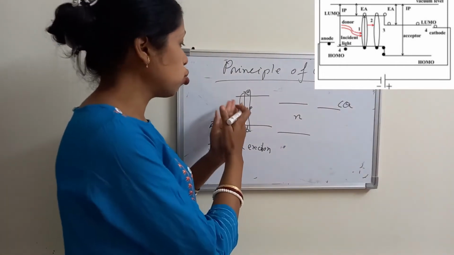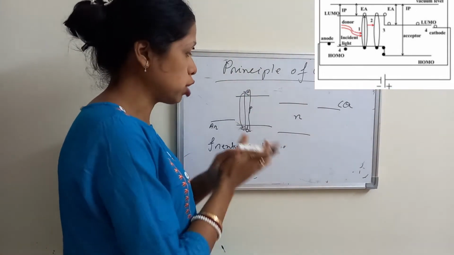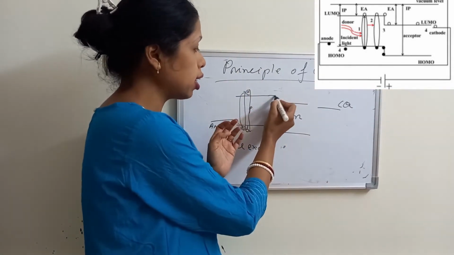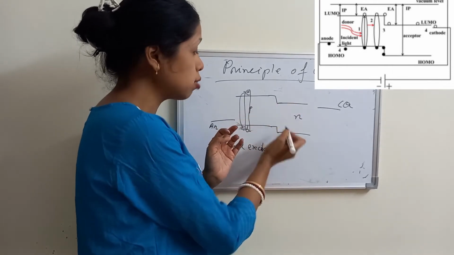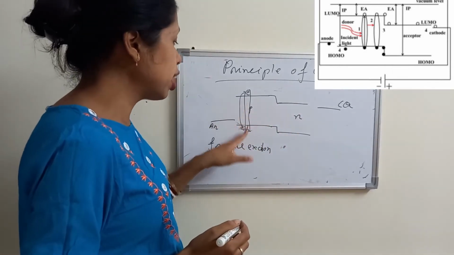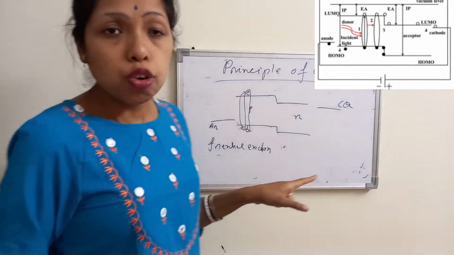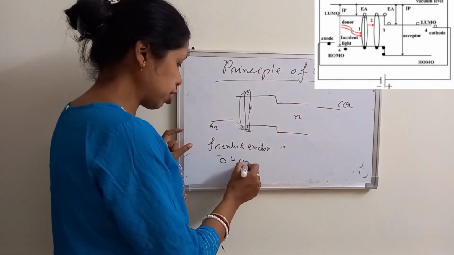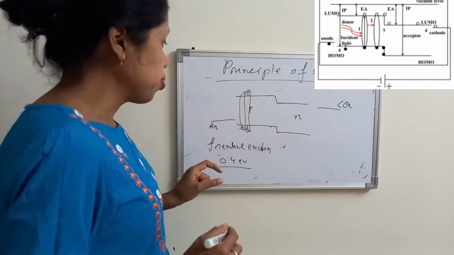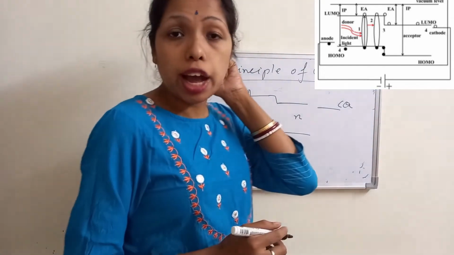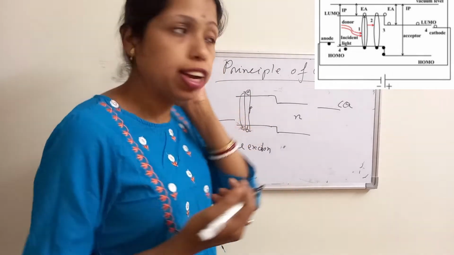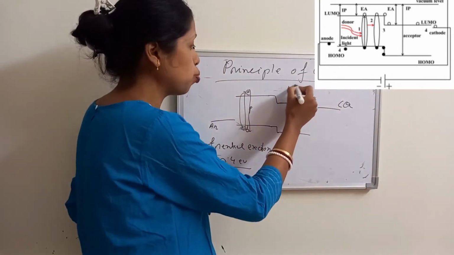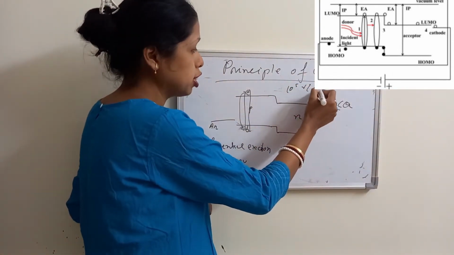After that, the exciton has to diffuse and the electron has to transfer at the interface. Why? Because this electron-hole pair is bound. Normally the binding energy is 0.4 electron volt. To break this exciton, I need a high internal electric field, that is 10 to the power 5 volt per centimeter.